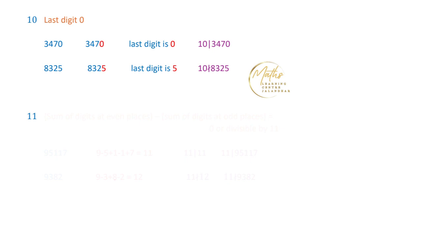Now next we have the divisibility by number 11. The method is, we have to calculate the sum of digits at even places, and subtract from this value the sum of digits at odd places.